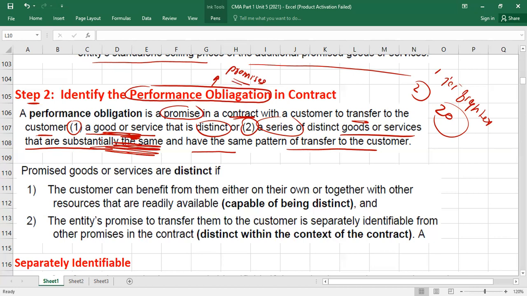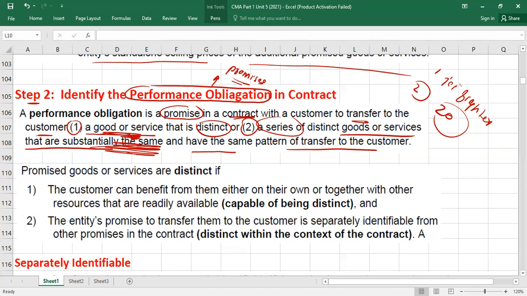Understood? So what we understood from performance obligation is that it is a promise. This promise could be for one good or for a series of goods or services that are substantially the same.